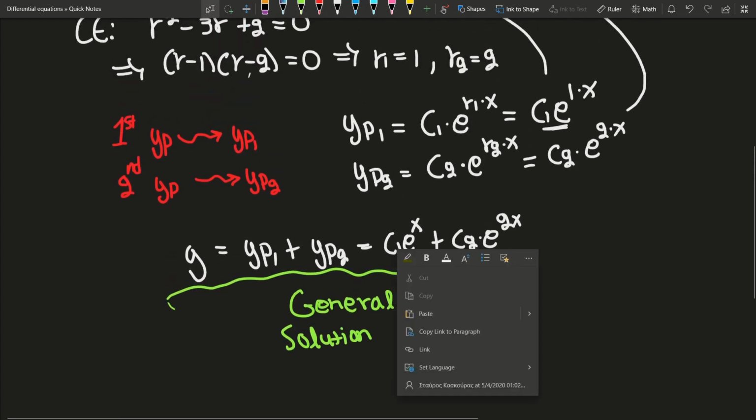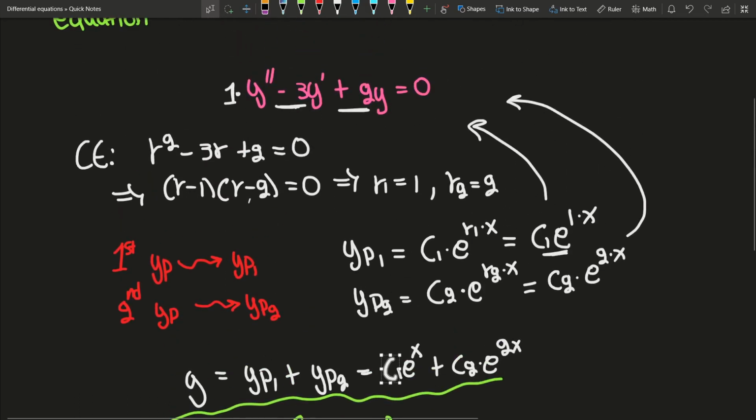So I encourage you to go ahead and substitute this here, and you will see that you will get 0. So you go ahead and substitute this y here.